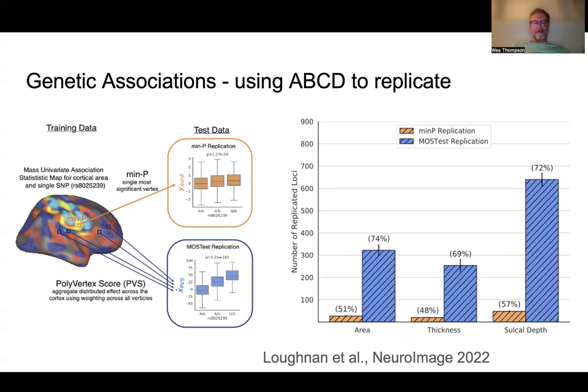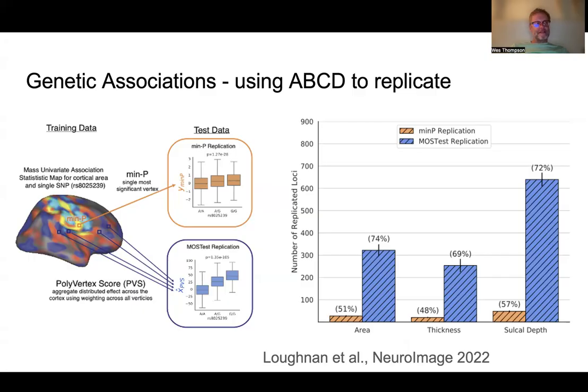For example, here is one looking at brain morphometry. You can do associations across the brain with the SNPs, and try to figure out what the genetic correlates of brain phenotypes are.